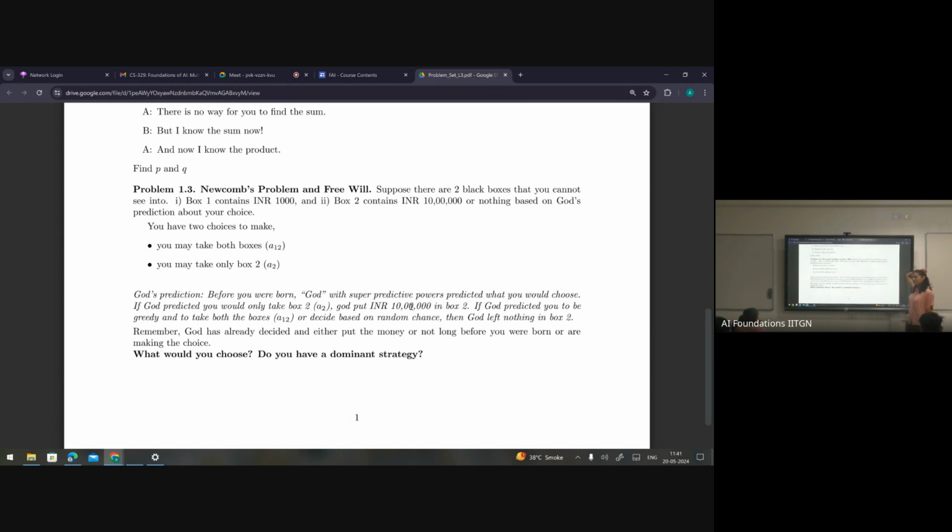God has already made his decision long before. Either the money is there or not there. If I take both the boxes, I am guaranteed 1,000 rupees. If God has made a prediction that I'll take both the boxes, then he has left nothing in the other. So it is good for me to take both of them so that I'll at least get 1,000.